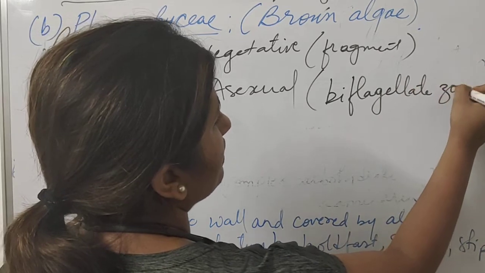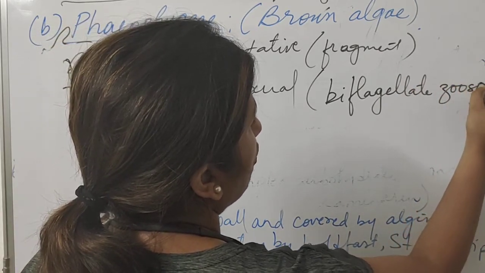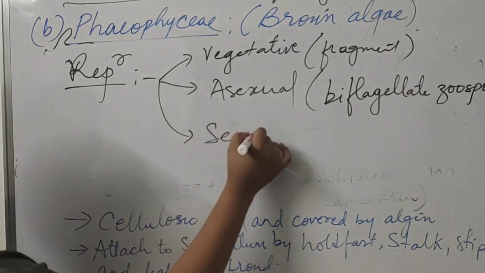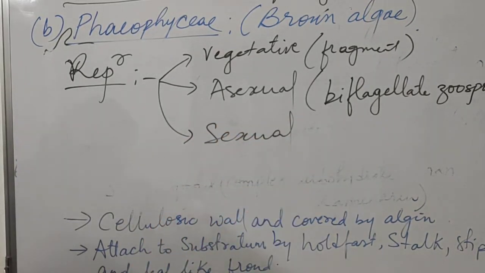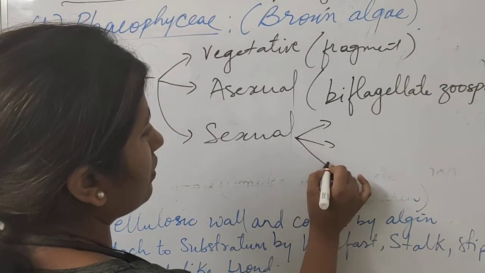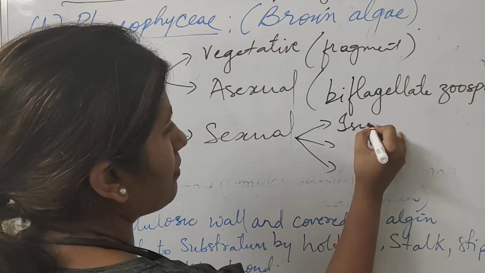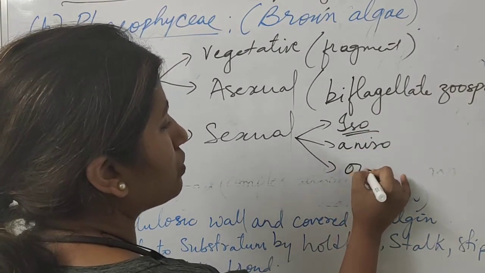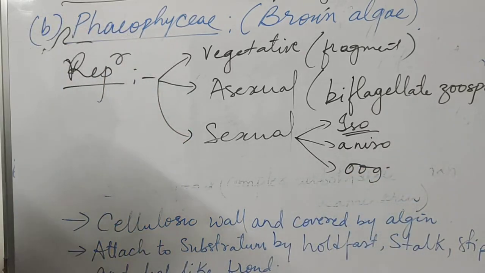Biflagellate zoospore means the spores have two flagella. The sexual mode is by the union of gametes, all three types. The gametes can be isogamous, anisogamous, or oogamous.